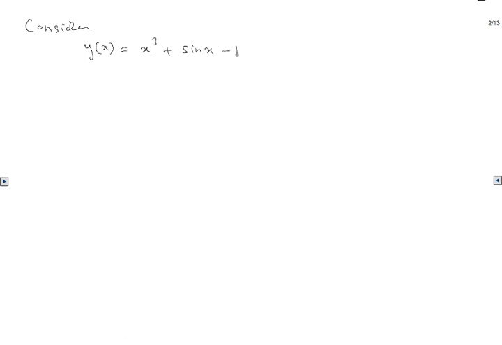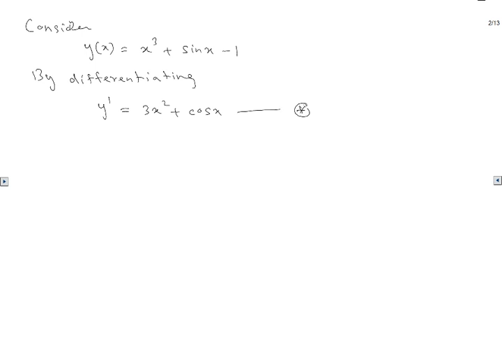By differentiating, if you take the derivative with respect to x, what are you going to get? y prime equals 3x squared plus cosine x plus 0. I'm going to call this a star.